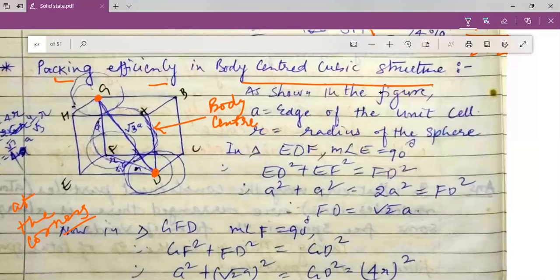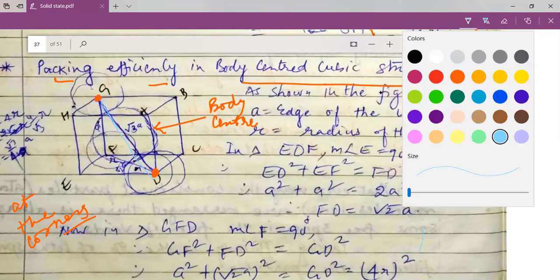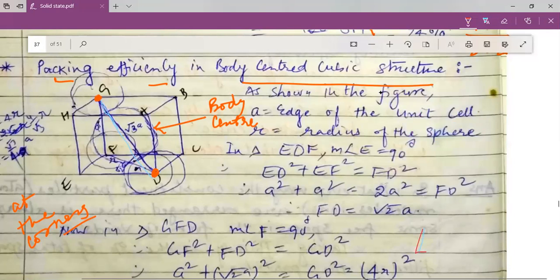Let me tell you that this diagonal, my dear student, is joining exactly opposite corners. Let me draw it once again for you so that you can understand it well. You can see that this is the cubic unit cell, my dear students.